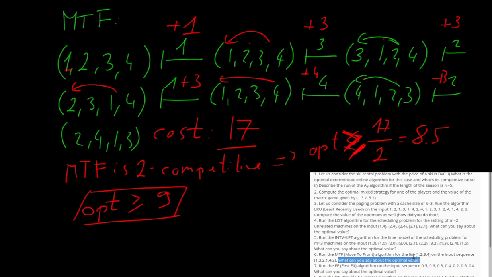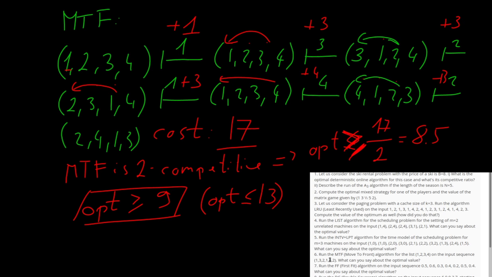And of course, if you are not moving anything at all, then you will pay 6, 7, 8, 9, 13. So the optimum is at most the sum of the values, which is 13 in this case. Yeah, that's great.